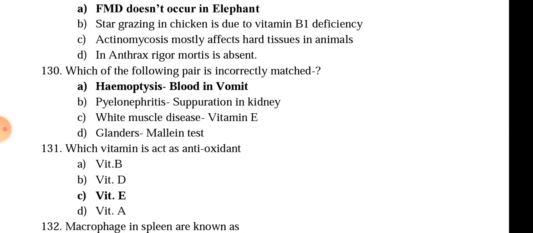The correctly matched are: pyelonephritis is suppuration of kidney, white muscle disease is due to vitamin E, and glanders is detected by the mallein test. Vitamin E and selenium act as antioxidants.